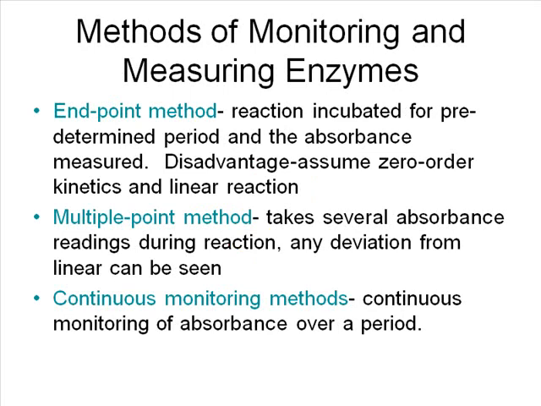All right, different types of measurement. You can do endpoint, multi-point, continuous point. The most common method now is continuous point. It adds the stuff to the cuvette, then it incubates it for maybe 1 minute while it's doing something else.